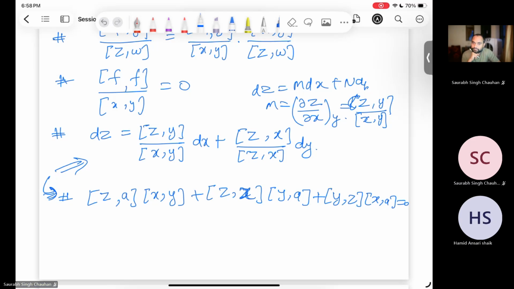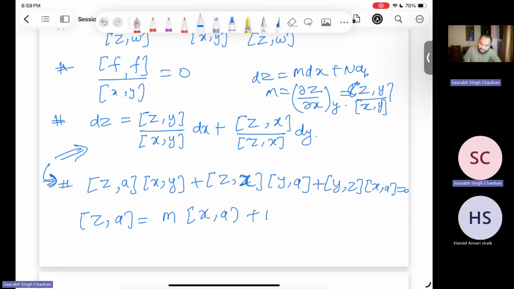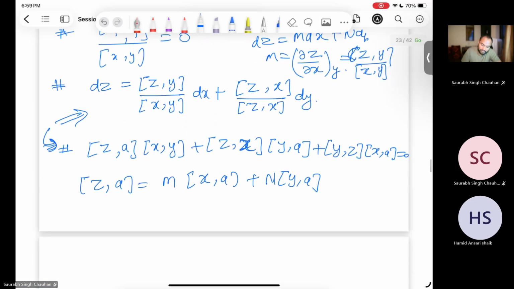I'm just looking into the last property: Jacobian of z comma a equal to m Jacobian of x comma a plus n Jacobian of y comma a. So this we had, right?